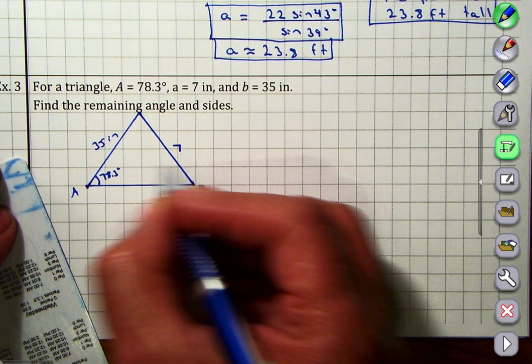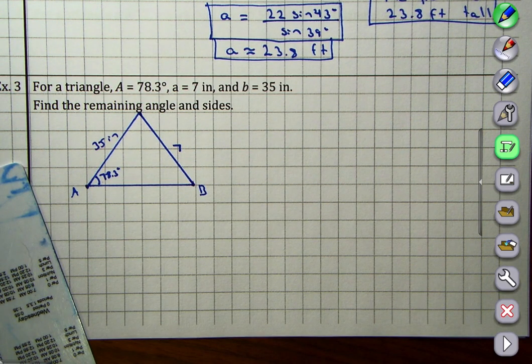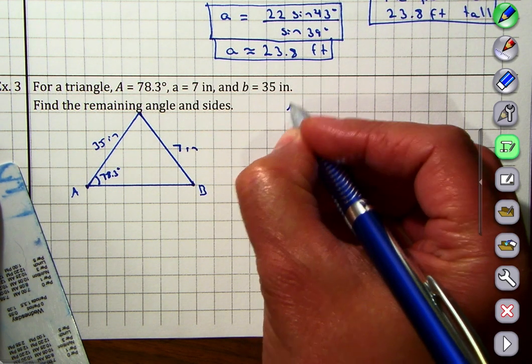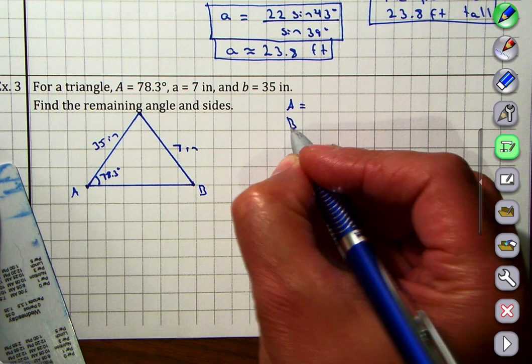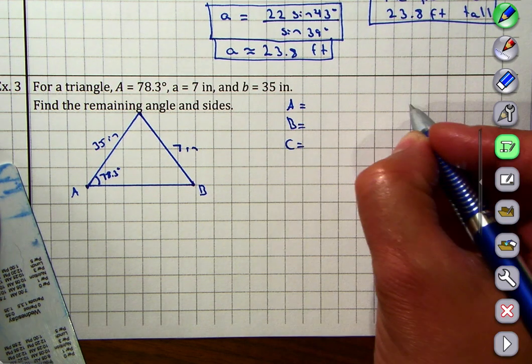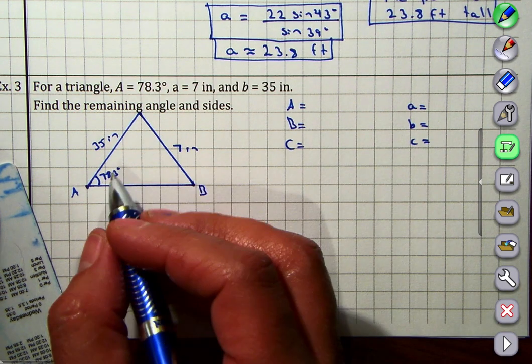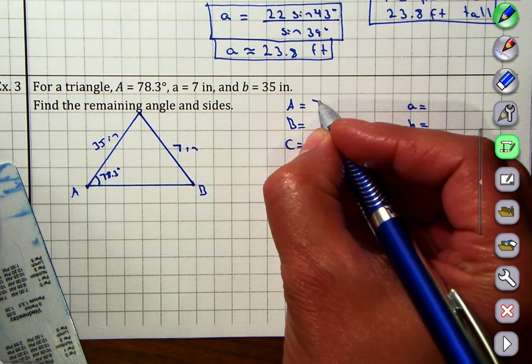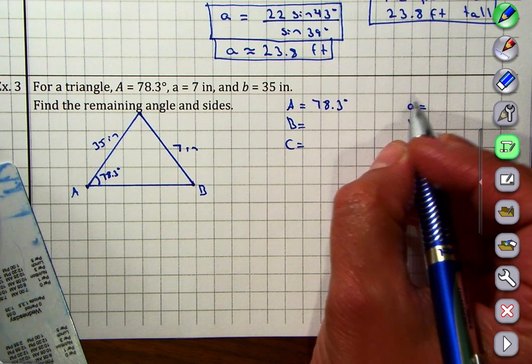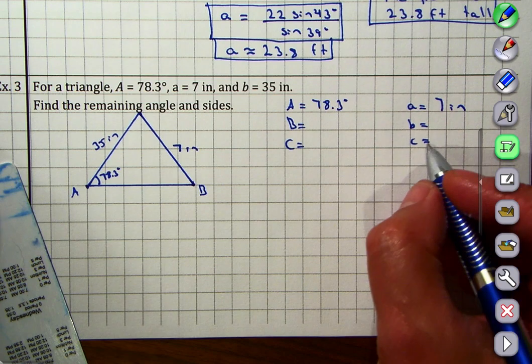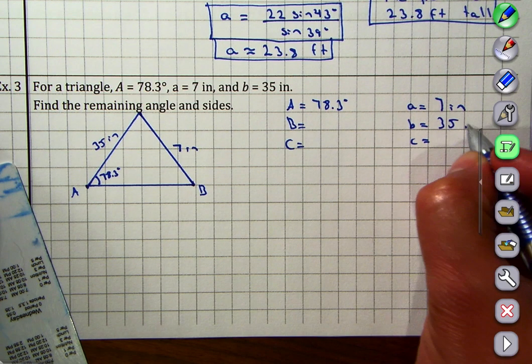Now notice that it's really hard to make it to scale. So for now, it should be fine. And we have angle A, angle B, angle C, side A, side B, side C. So we have 78.3. A will be 7 inches and B will be 35 inches.